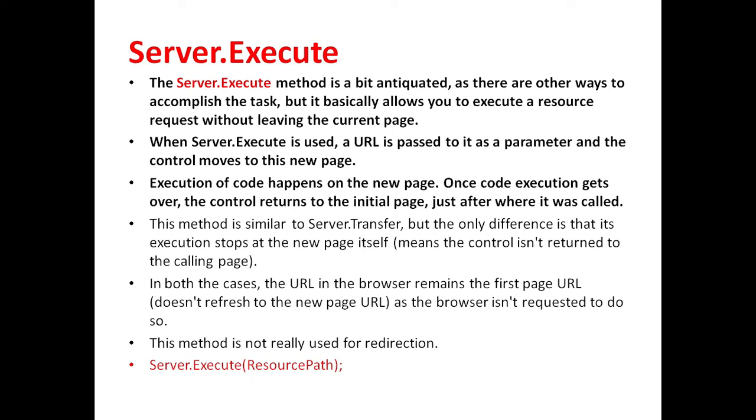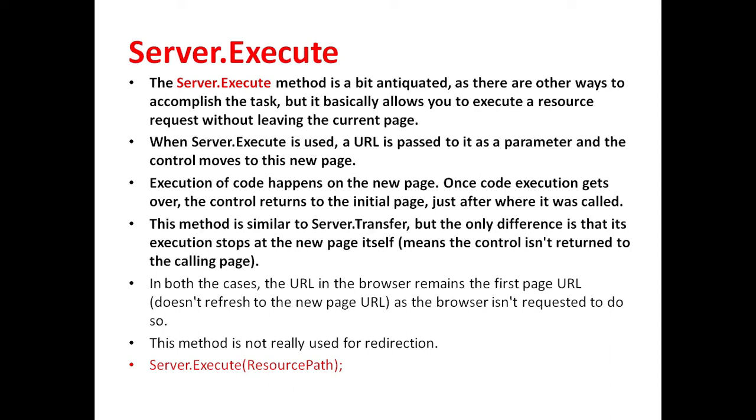Execution of code happens on the new page. Once code execution gets over, the control returns to the initial page just after where it was called. This method is similar to Server.Transfer, but the only difference is that its execution stops at the new page itself.